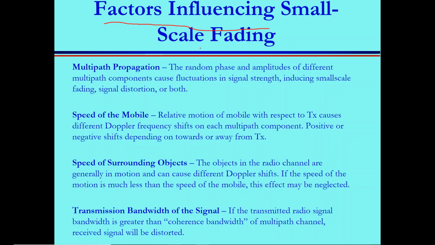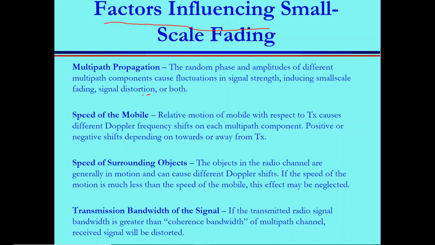If I don't, if all the multipath components reach the receiver simultaneously, then you have only the fading phenomenon, because the signals can be added constructively or destructively, and accordingly you will have a random distribution for your received signal amplitude. The random phase and amplitudes of different multipath components cause fluctuations in signal strength, inducing small-scale fading, signal distortion, or both.